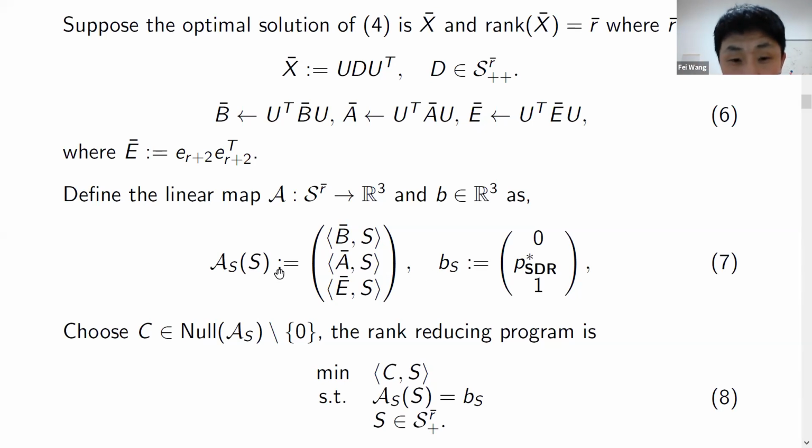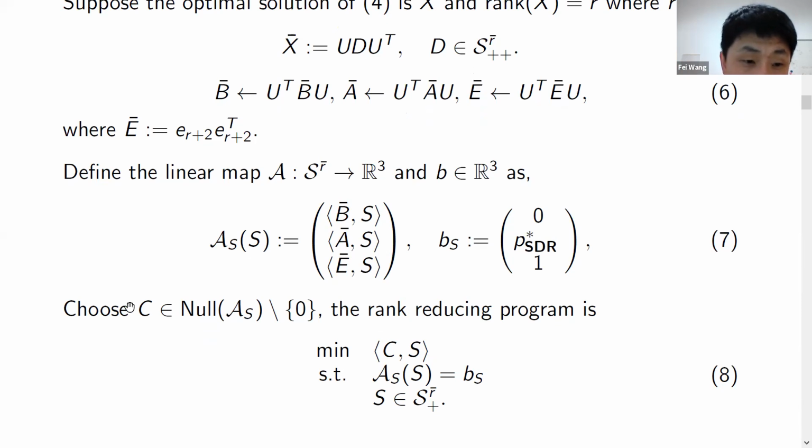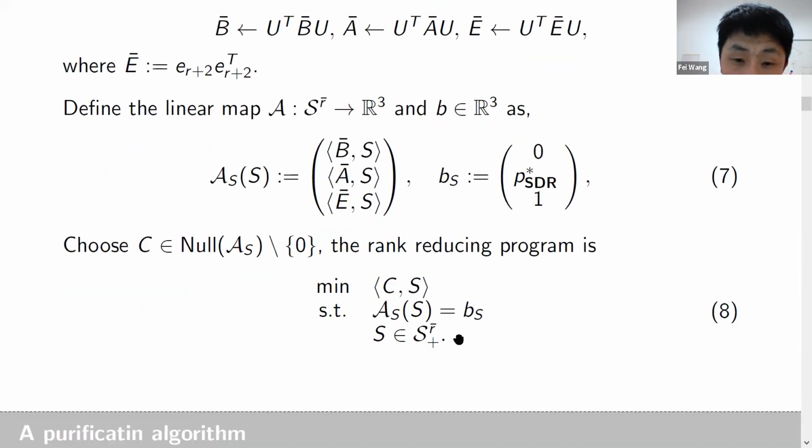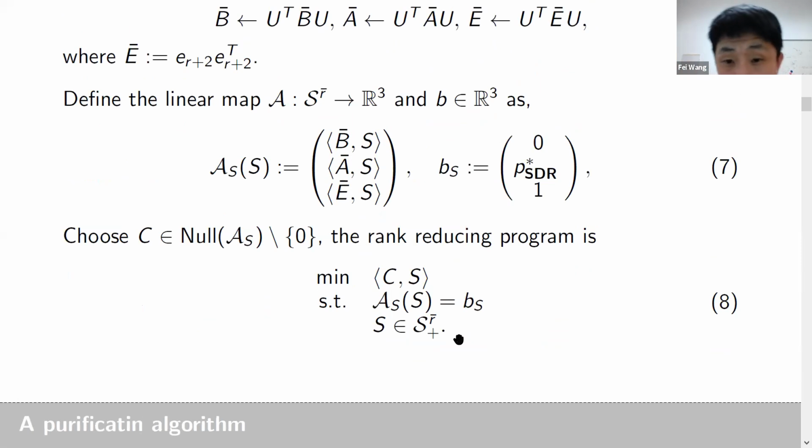So the problem is always optimal for the original problem. Then we choose the C in the null space of the AS, excluding 0. Then we have this rank reducing problem. The optimal solution of this problem is always rank deficient, so it's always not full rank.